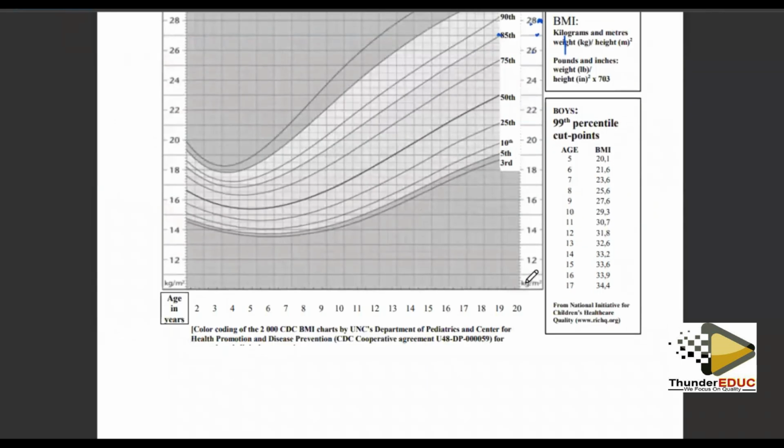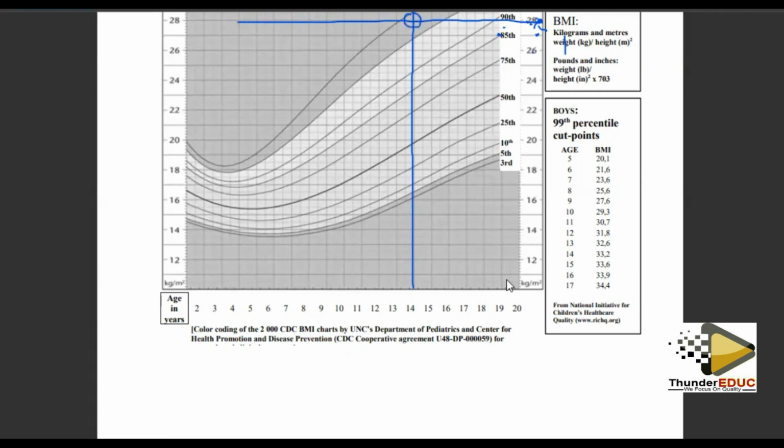What are we going to do? We'll draw a straight line here, and you go to the 28 comma something and check where it takes it.